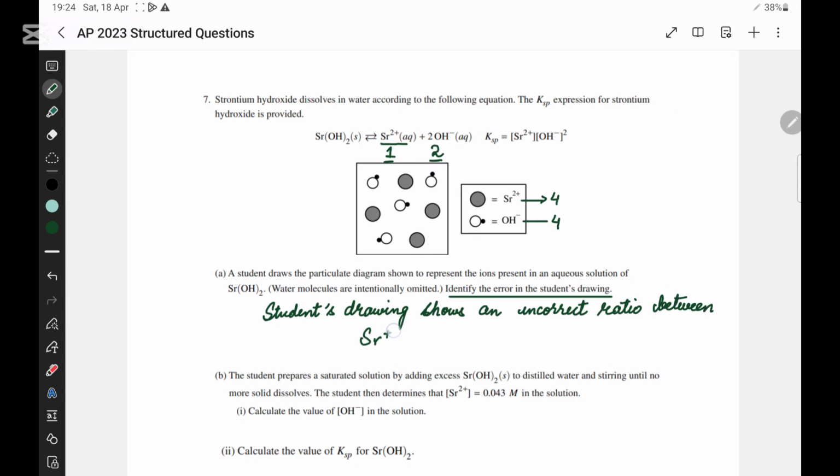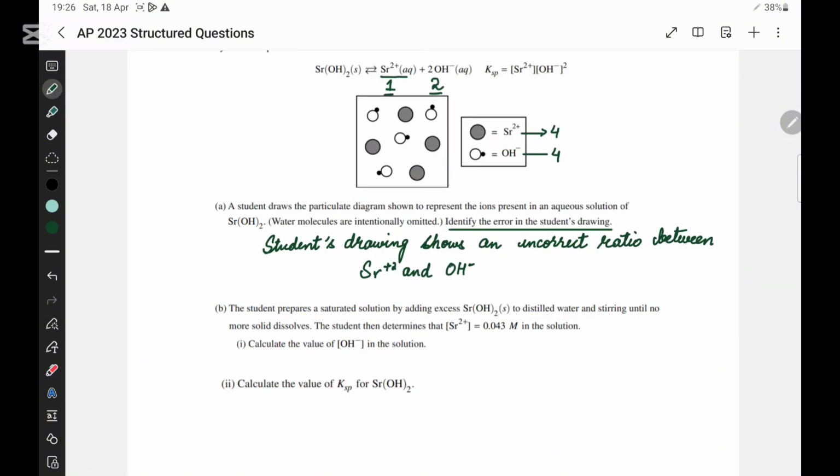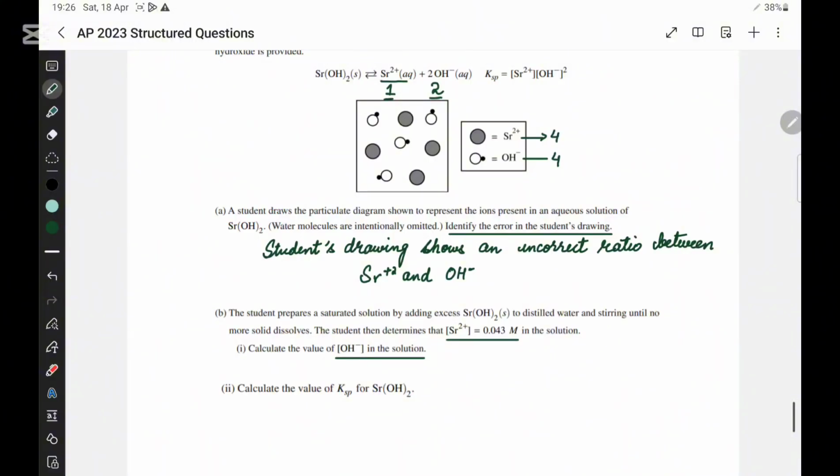between strontium ion and hydroxide ion. In the next part, they want us to calculate the concentration of hydroxide ion, and they have already given us the concentration of strontium ion, and you can see that they have 1:2.